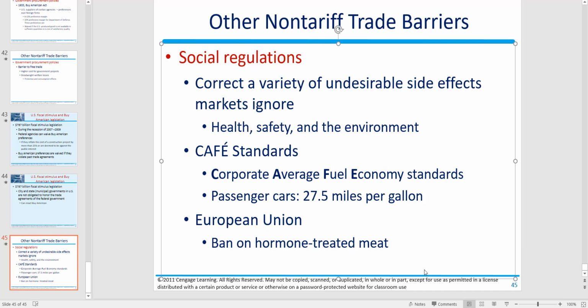Now, these relate to trade because basically what they say is any good sold in this market has to follow our standards. So if foreign producers do not follow those standards, they cannot sell their products there. So it acts as a form of protectionism. This might be better than protecting specific producers because these regulations are protecting public goods like the environment or health related issues.